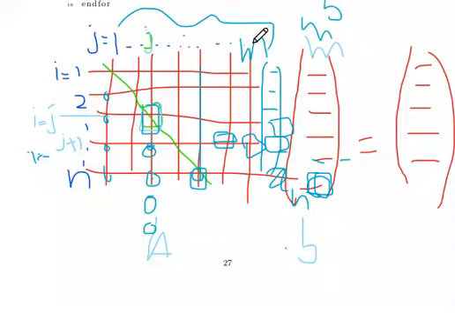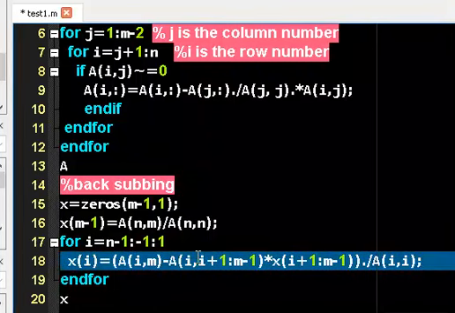The coefficient matrix has m minus 1 rows, and including this one you have altogether m columns. So that's why it goes from i plus 1 to m minus 1.